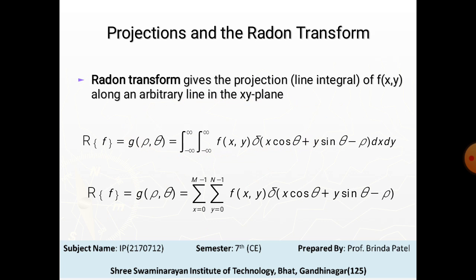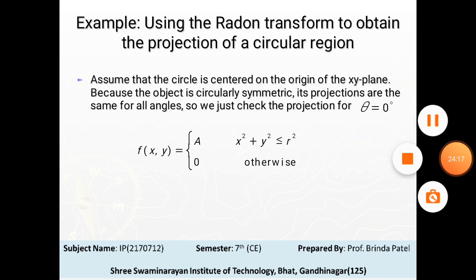Here x, y, p and theta are now discrete variables. If we fix theta and allow p to vary, it is simply the sum of the pixels of f of x,y along the line defined by the specified values of these parameters.